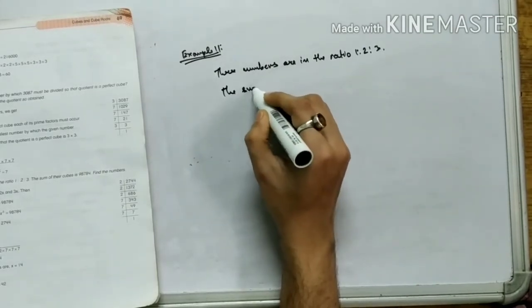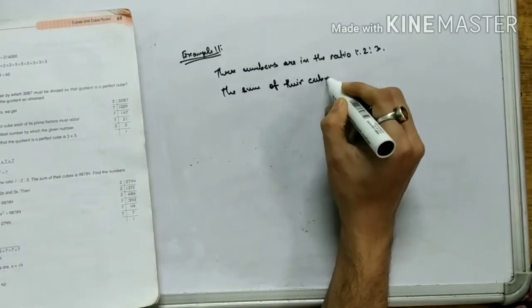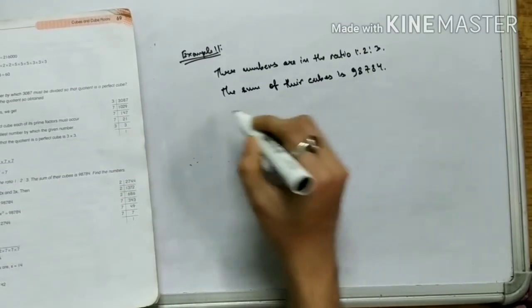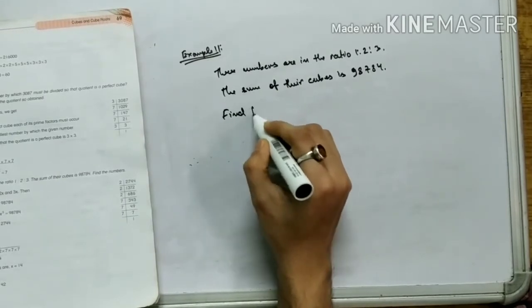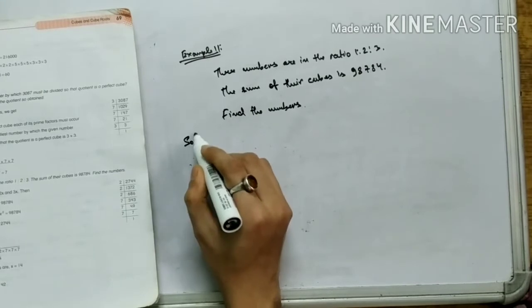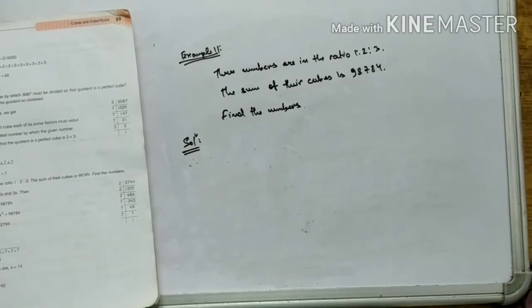The sum of their cubes is 98784. I have to find the numbers. Understand? So, solution.